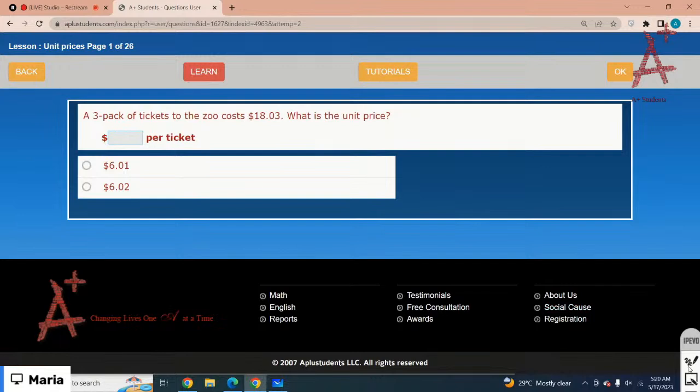Got it? Because that is the cost of 3 tickets. So you have to divide 18.03 by 3. Got it? And it would be 6.01. That means one ticket costs 6.01.